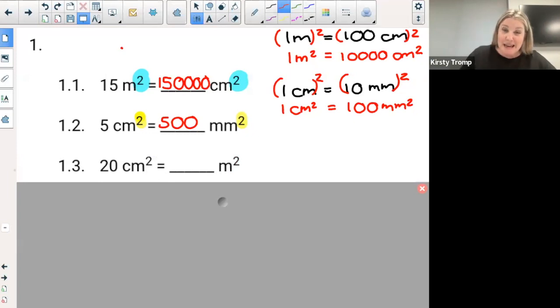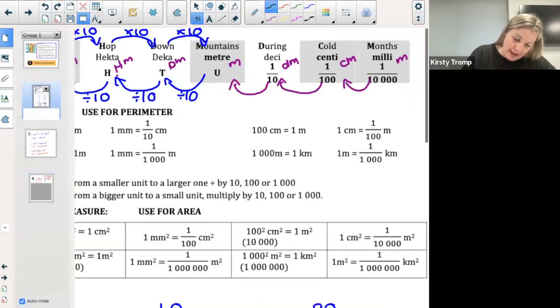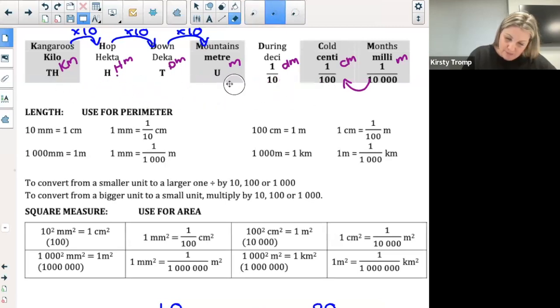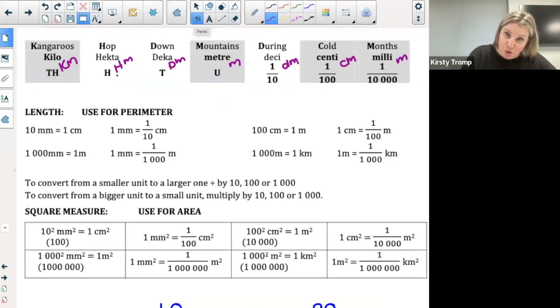So now we're going from centimeters to meters. Centimeters to meters. So 1 centimeter is equal to, let's go back to our kangaroos. Let's do some erasing here. I want to go from centimeters to meters.